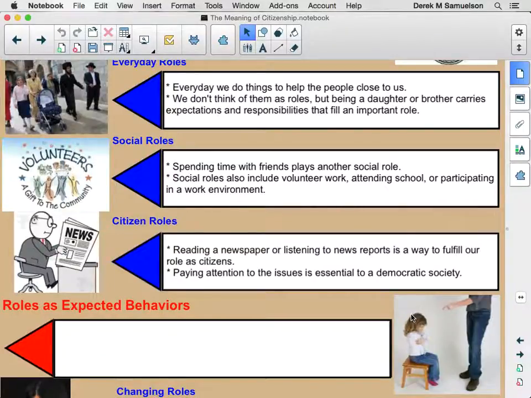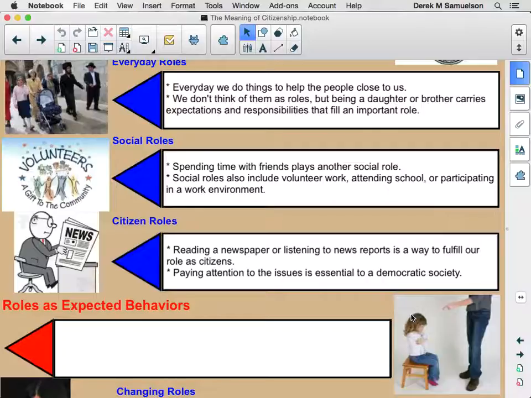And having a broad mind and understanding the different parts of society that we don't see is very important to understanding the world around us, and is essential in a democratic society, especially a pluralistic democratic society, that is a democratic society where people have very different views or come from different backgrounds.